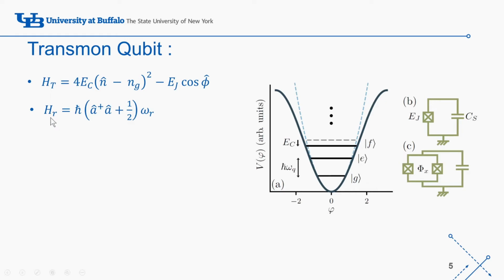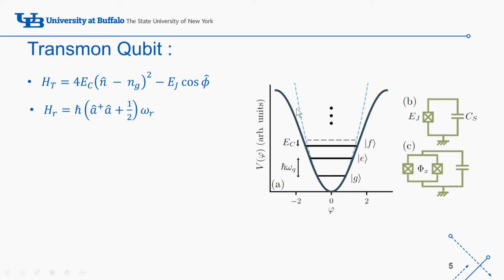And then there is another term, the Hamiltonian for the cavity or a resonator. If you look at the Hamiltonian of it, it reminds you of the simple harmonic oscillator. If you look at the potential of both of these Hamiltonians, the dashed blue curve that you see is obviously for the simple harmonic oscillator or cavity.